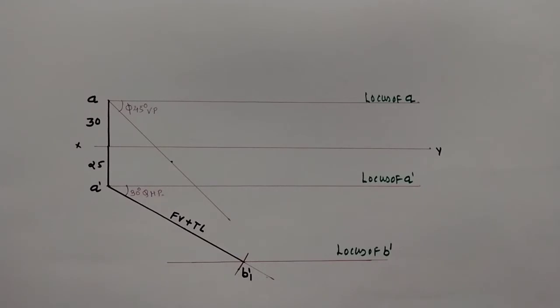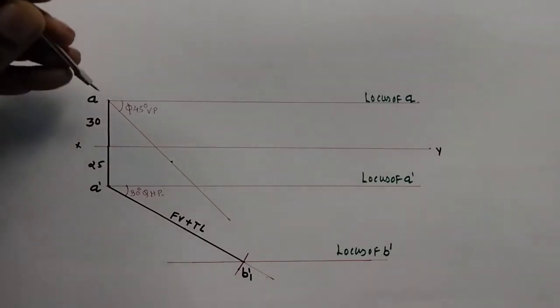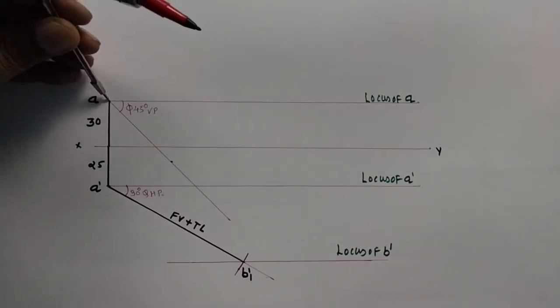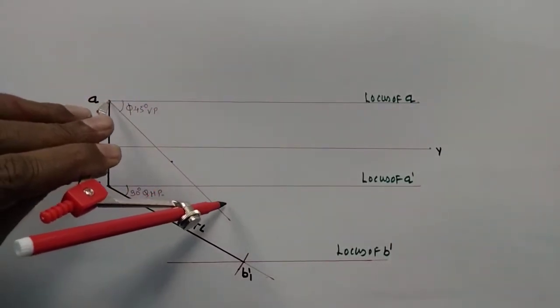Now friends, we know that when our line is inclined to HP, its top view is always parallel to the XY line. But I do not have the locus of B. So for that, first we find our locus of B. I take point A as center and the true length as radius.